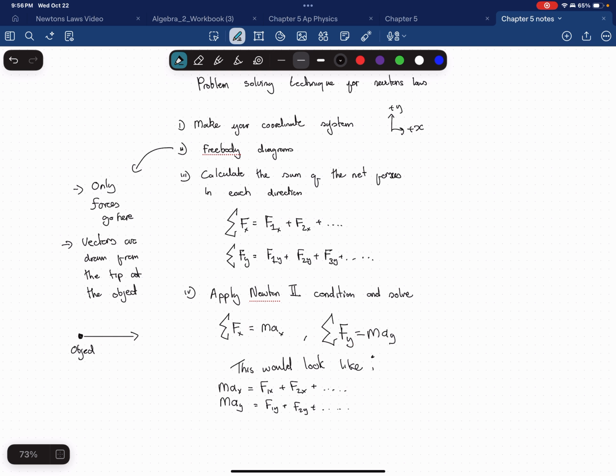It's never the other way around. The tip should not point at the object with the tail away from it. This is wrong.